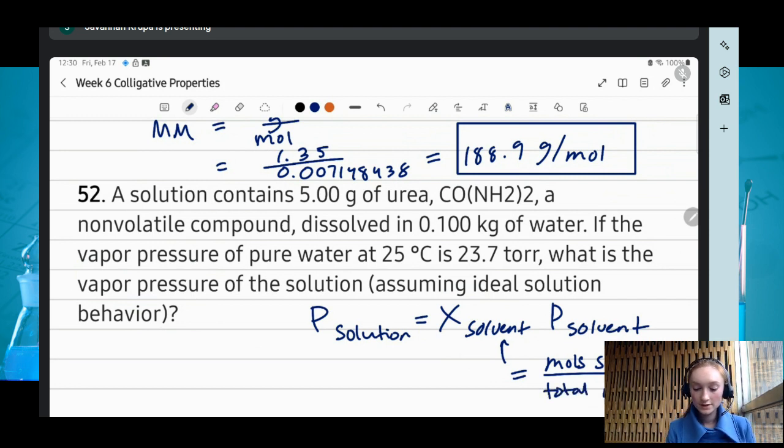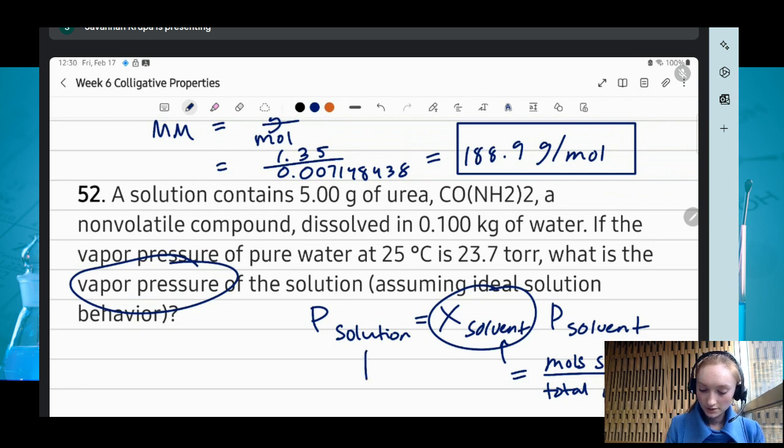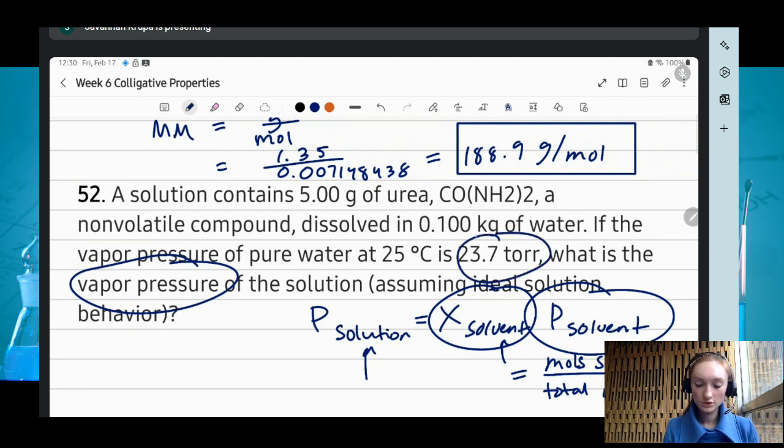And so we can first find this variable here. Again, it is asking for the vapor pressure of the solution. So once we find the mole fraction, we have to plug in the pressure of the solvent, which it already gave us in the problem, which is the 23.7 torr, and that's the water, right?